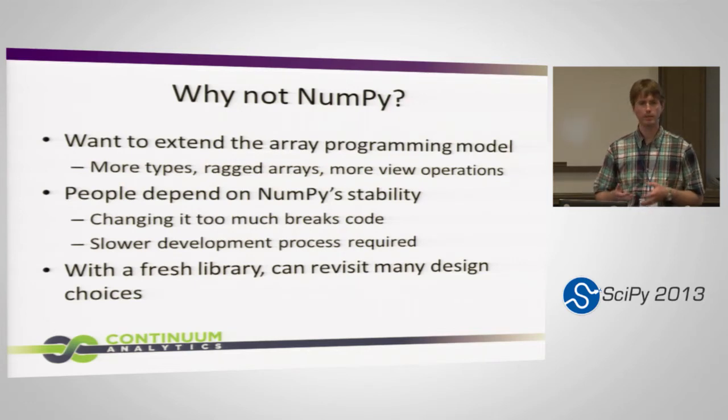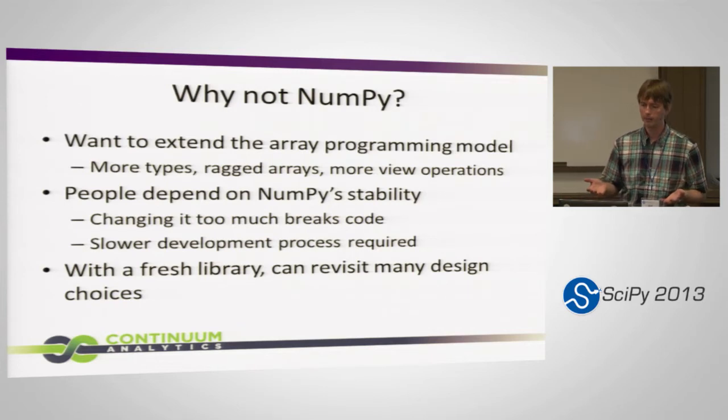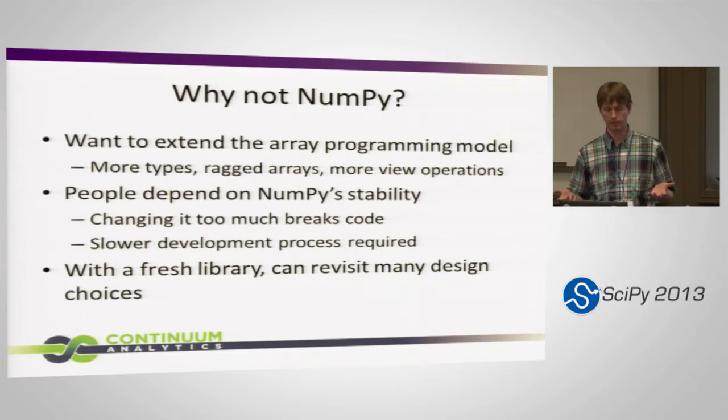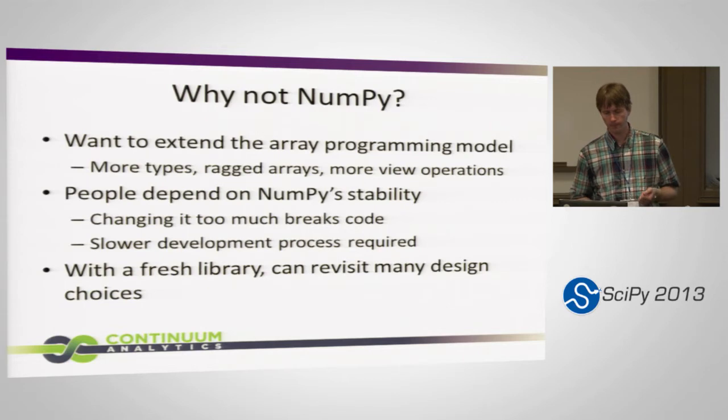If we want to do a significant change, it requires a lot of discussion to come to a consensus that this is something we want to put into the library that's at the core of the scientific Python stack.